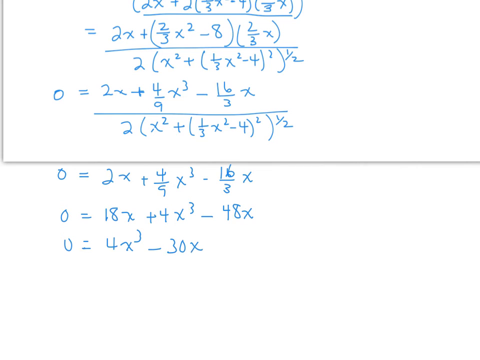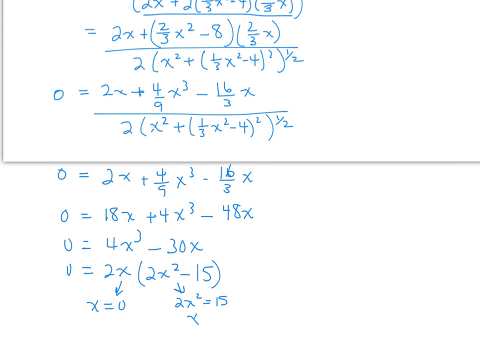And now I can common factor a 2x out of that. Oops. 2x out of that and get 2x squared minus 15. And then solving for my critical numbers, I'm going to get x equals 0, and out of this, 2x squared equals 15.